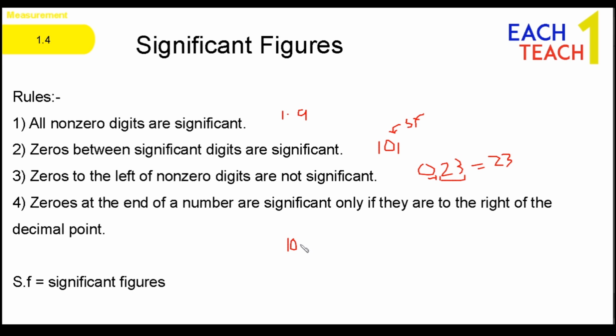In this case, you can consider that 0 as a significant figure, until and unless it is like 10.560. That last 0 can't be taken as a significant figure.